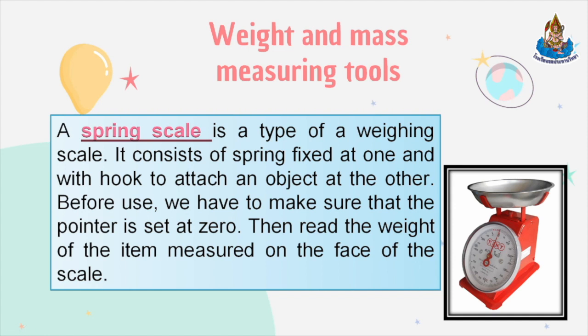Okay, say the word again, scale. So where's the pointer here? This one. Can you see this one? It looks like a clock, a hand clock, right? But here we call it the pointer.